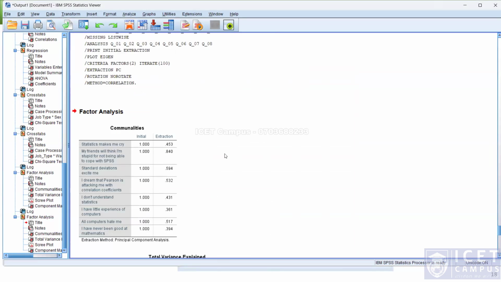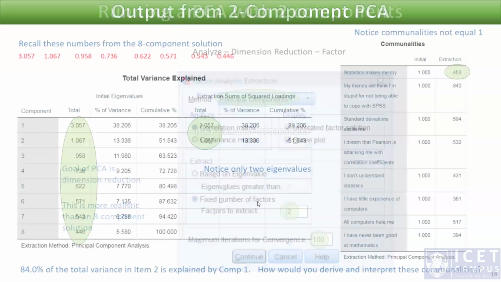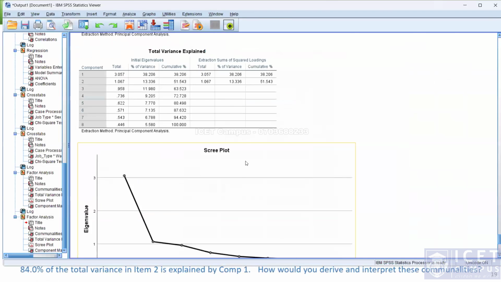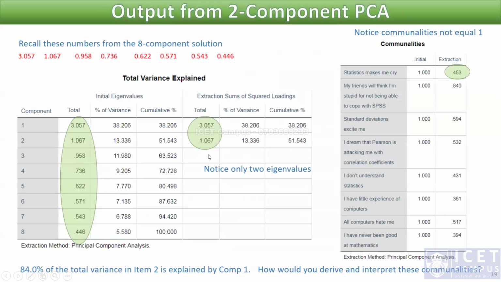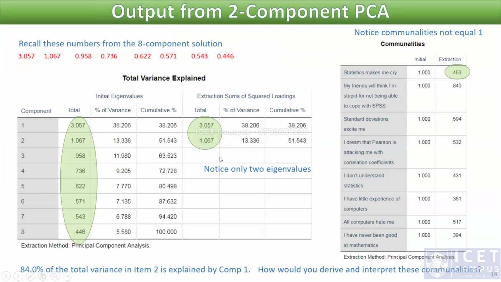Then we took the output. The only change is the fixed number of factors: change it from eight to two. You can see there are only two eigenvalues: 3.057 and 1.060.